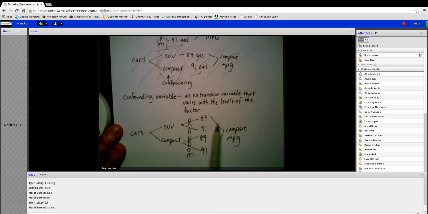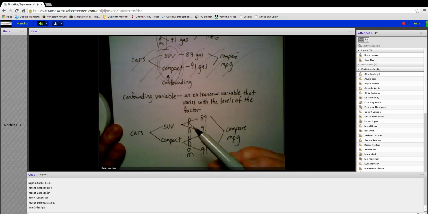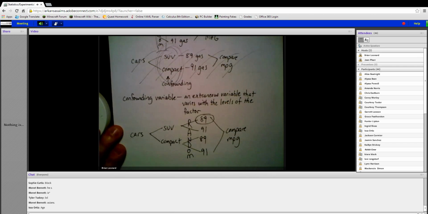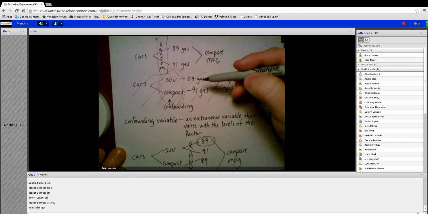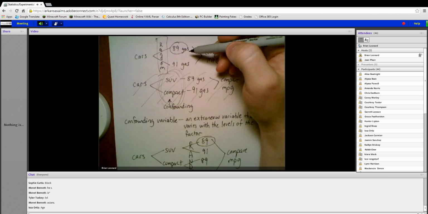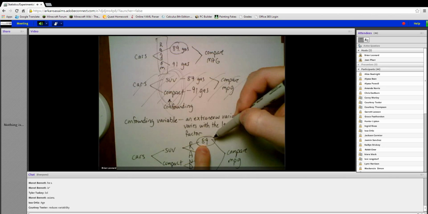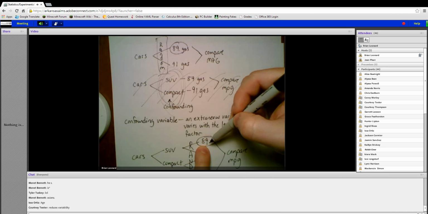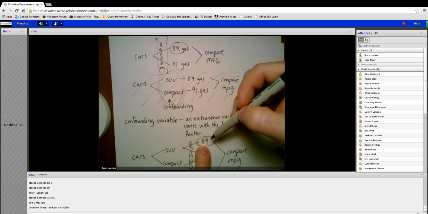And so what does blocking really do? Blocking takes this group and reduces the variability. Courtney, perfect. Reduces the variability, right?